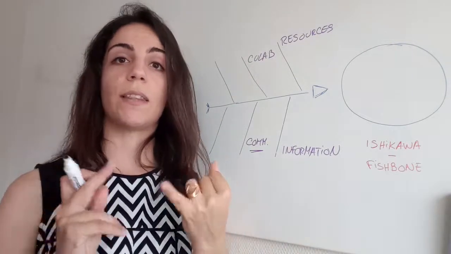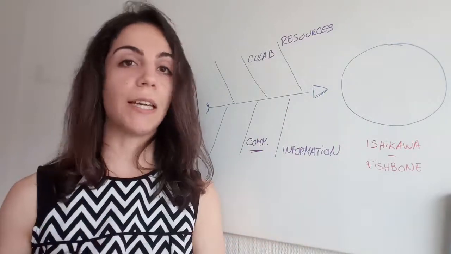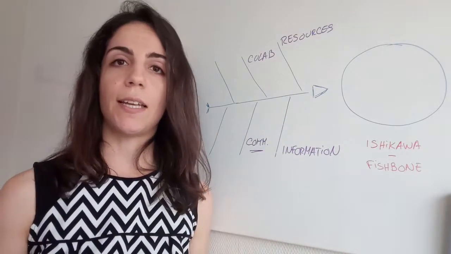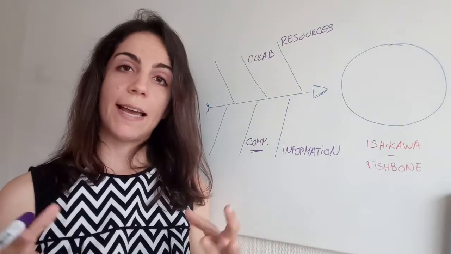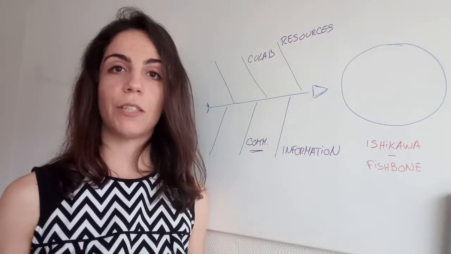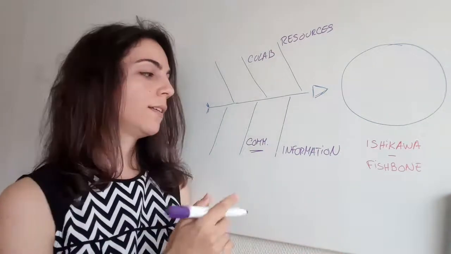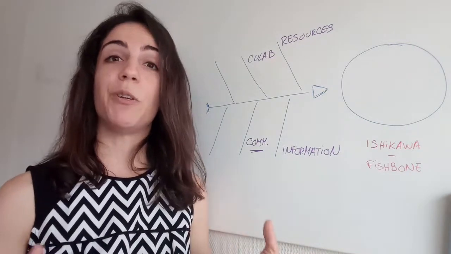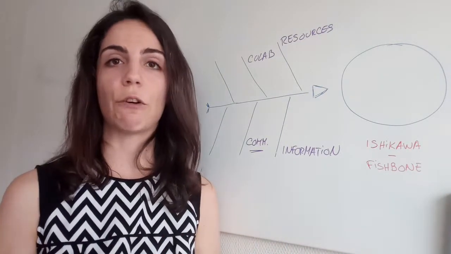So what is communication here? Communication has to do with your communication channels. Maybe there's someone communicating by email, someone communicating on Slack, someone communicating on Facebook, someone communicating on another platform. And it might be that you have too many communication channels, so people don't use the same channel. So then there's communication gaps and communication lost. It might also be that you don't have certain moments specific for communication.